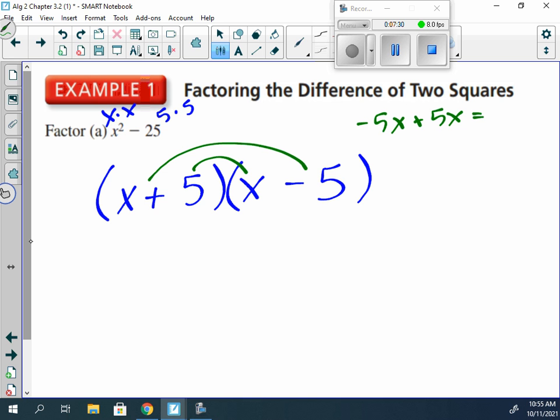Well, what is negative 5x plus 5x? This would be 0. Do we have a middle term in our starting equation? No, there's no x term, right? So we should expect the middle term to be 0. And that's really it. You ready for the next one?